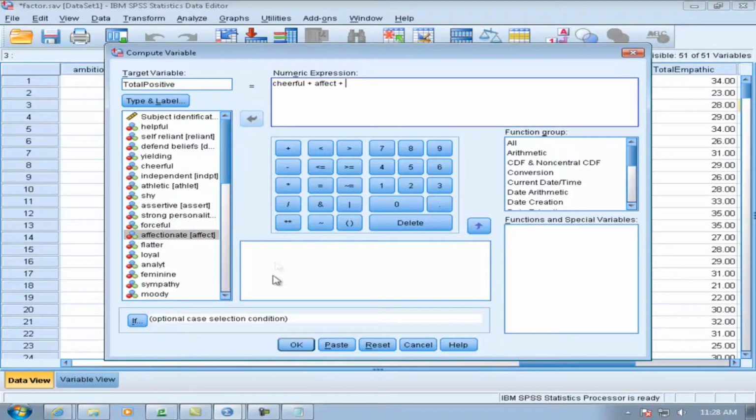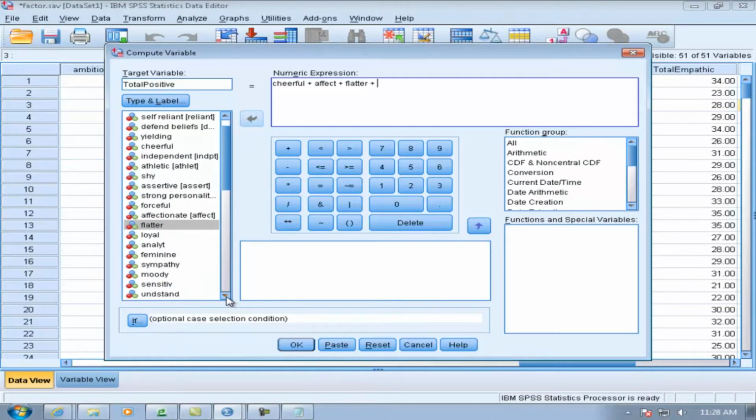We're on the 3rd factor now. Okay, now which one? Loyal. It's the 3rd factor.